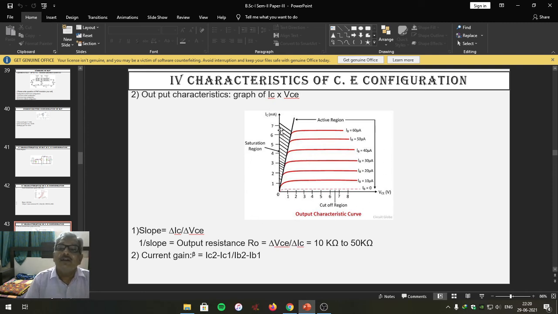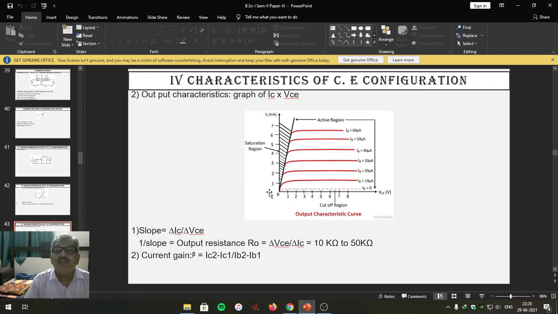Thus we can say BJT is a current controlled device, because IB is the input current, whereas IC is the output current. Increase in IB increases IC, that is the output current. Input current is used to control the output current.